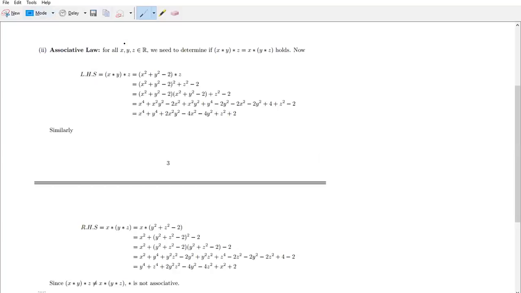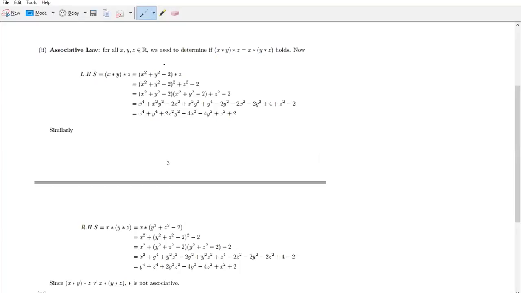So I don't know if you guys are able to see what is written here. You can see here it's written associative law, and then for all values of x, y, and z being members of real numbers, we need to determine this.